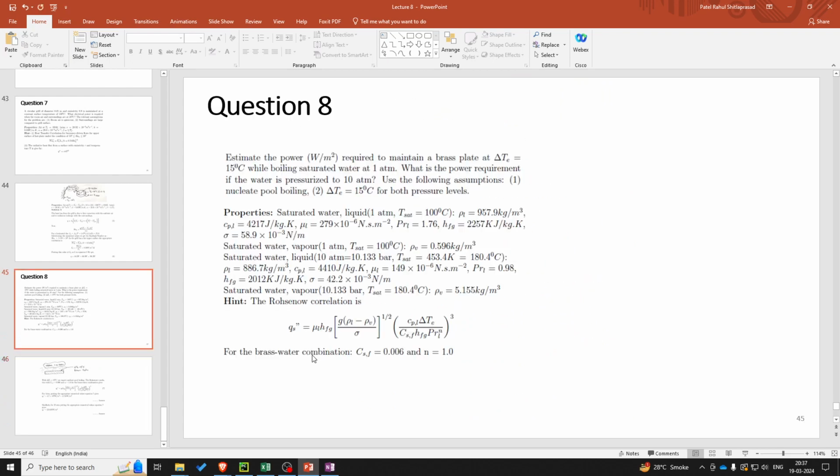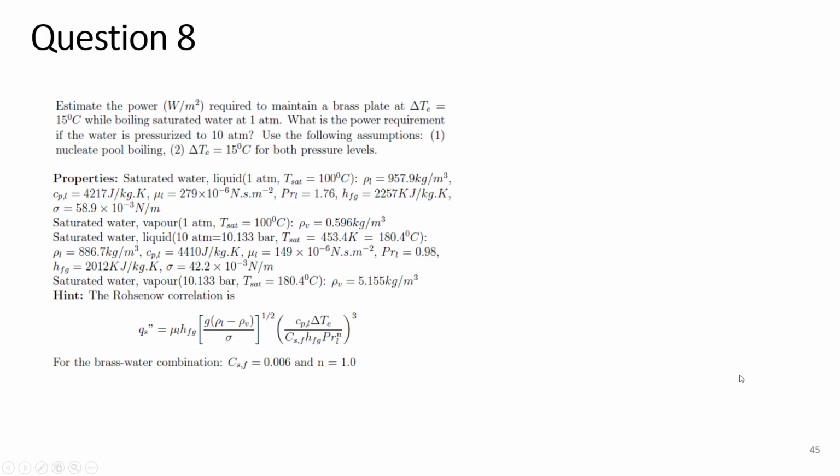So this is the last question of the day. So we have been given: estimate the power required to maintain the brass plate at delta T excess equal to 15 degrees Celsius while boiling the saturated water at 1 atmosphere.